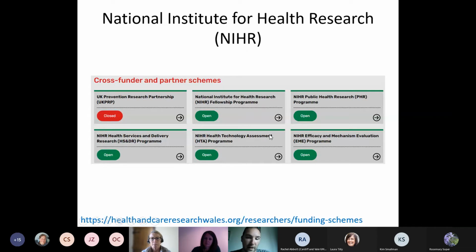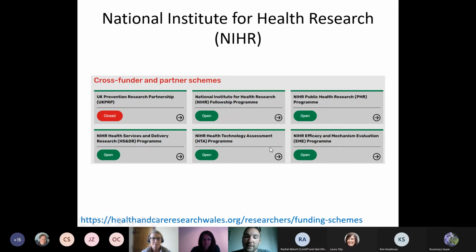so the fellowships, which I've talked about on the previous slide, but also some of the larger grant schemes, including the Public Health Research Programme, which funds research into public health, health services and delivery research. Again, it's in the name.